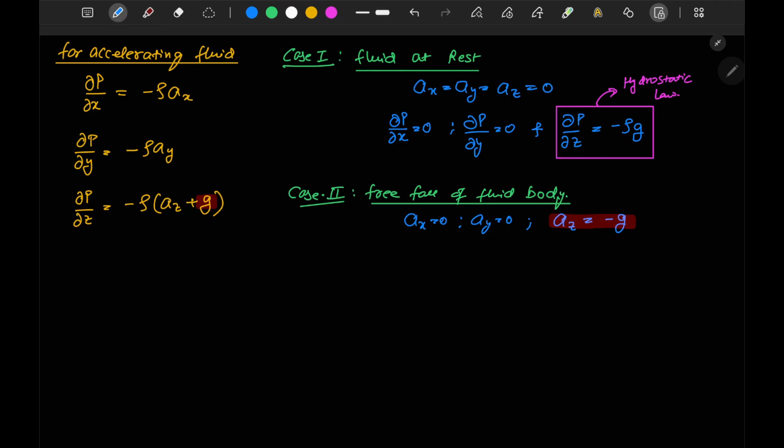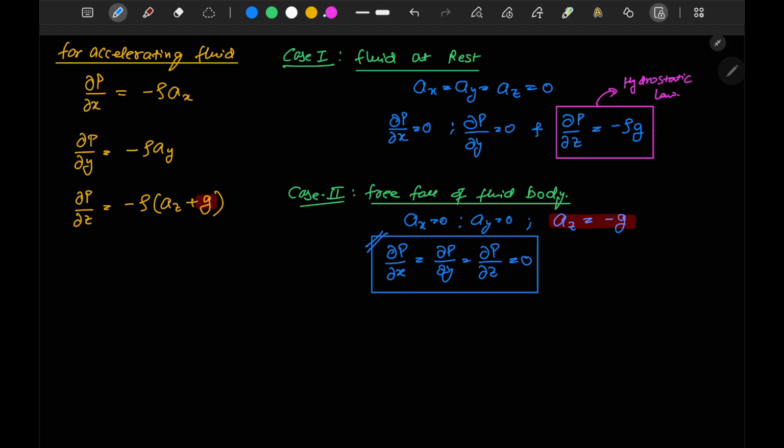Now if I substitute the value, I will obtain del p by del x is equal to del p by del y is equal to del p by del z is equal to 0. So all terms become 0 here.